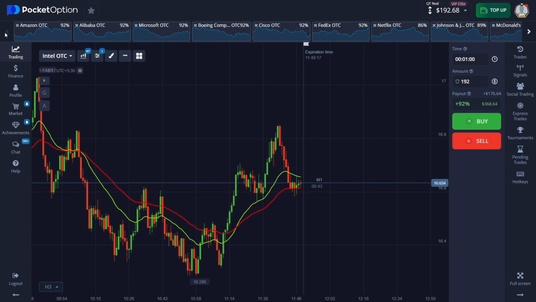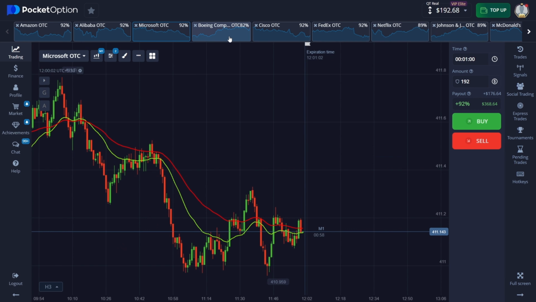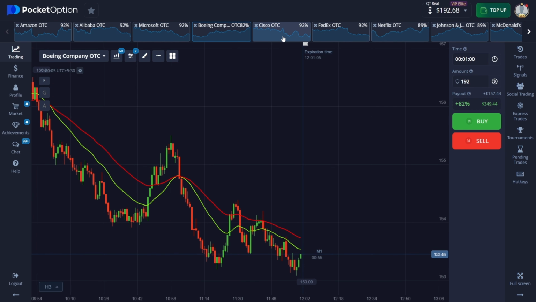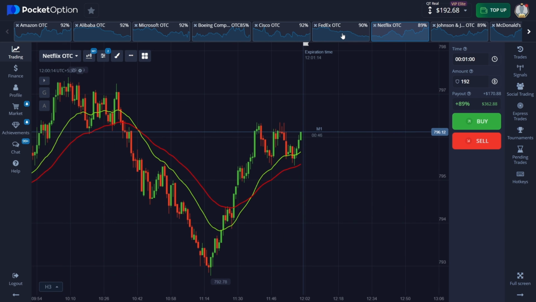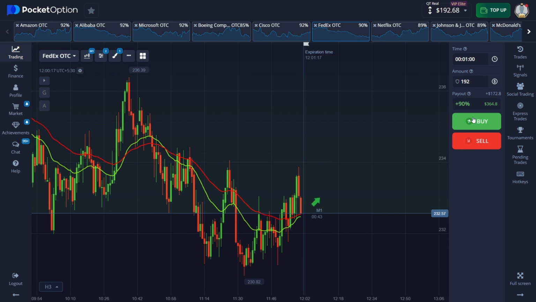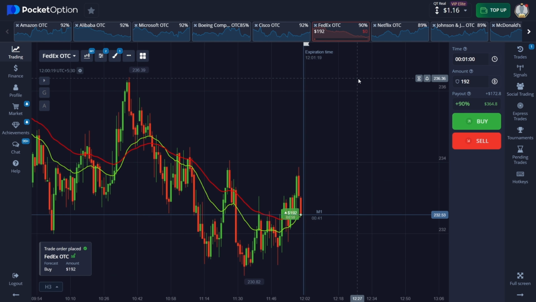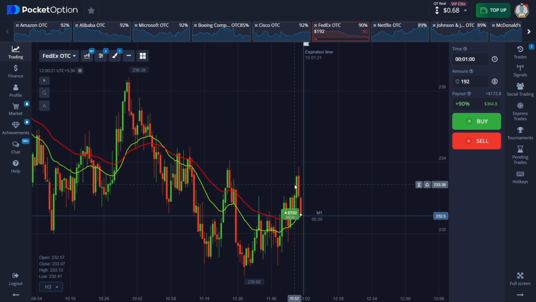I found a trade on Intel, but the candle has already moved up, so I will avoid it. Next, I found a trade on FedEx OTC and I placed a trade for the upside move worth $192.